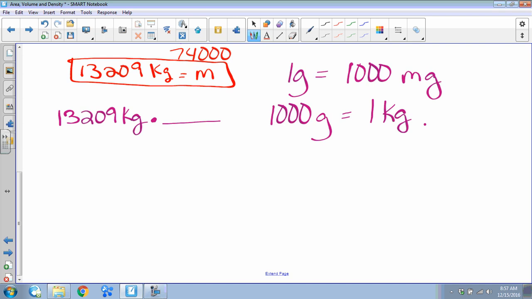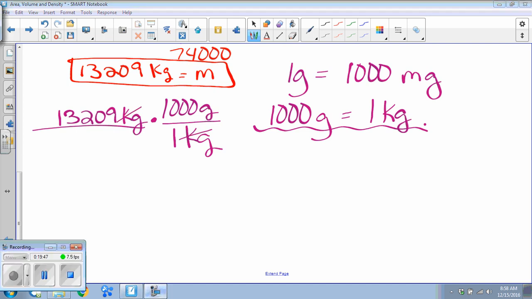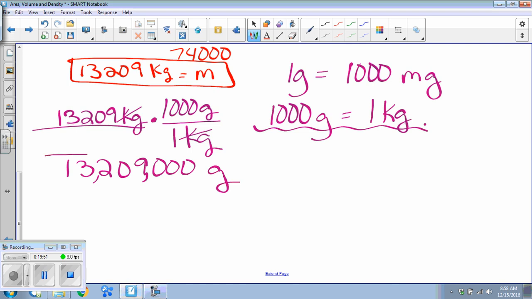So my conversion is 1,000 grams over 1 kilogram. My kilogram units cancel, leaving me with just grams. So all you'd have to do is multiply those. That would equal 13,209,000 grams.